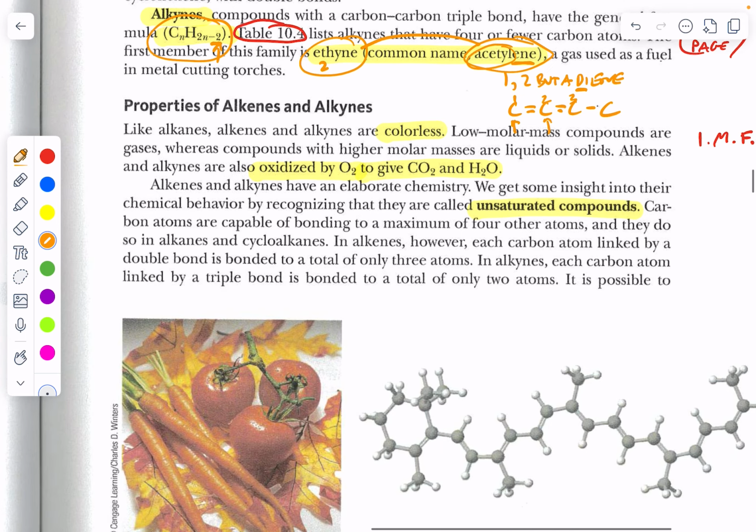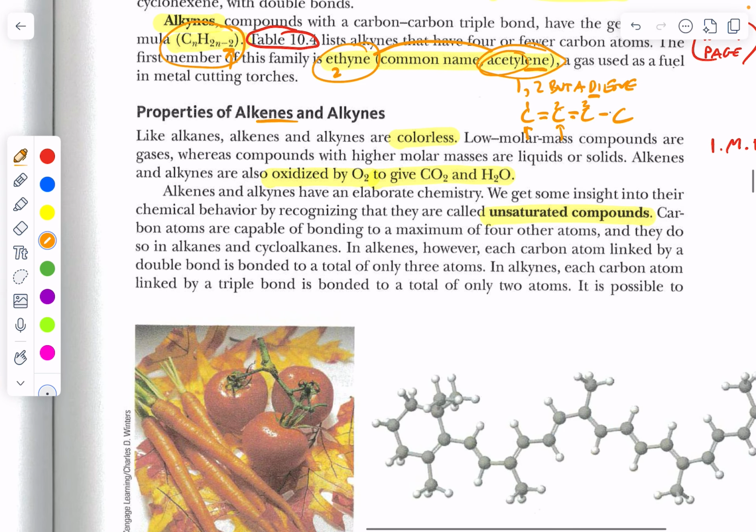Now, anytime you have double bonds and triple bonds, which requires you to get rid of hydrogens, you now have an unsaturated compound. When you have an alkane, the molecule is saturated. It has as many hydrogens as it can have, if it's a hydrocarbon. But when you have alkenes and alkynes, the presence of the double bond and the triple bond requires the removal of some of the hydrogens. You don't have any more, and so now it is unsaturated.